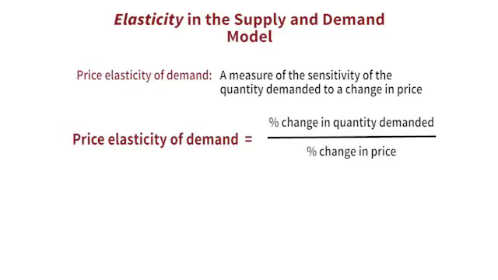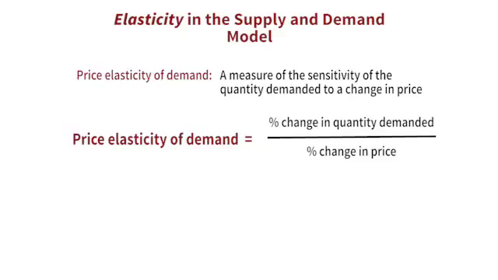elasticity to talk about this. Elasticity is nothing more than a measure of the sensitivity of the quantity demanded to the price, elasticity of demand. Sometimes to be specific, we call it the price elasticity of demand. So just a sensitivity. If the price of apples goes up, does the quantity demanded go up by a lot, or does the quantity demanded go up by just a little bit?